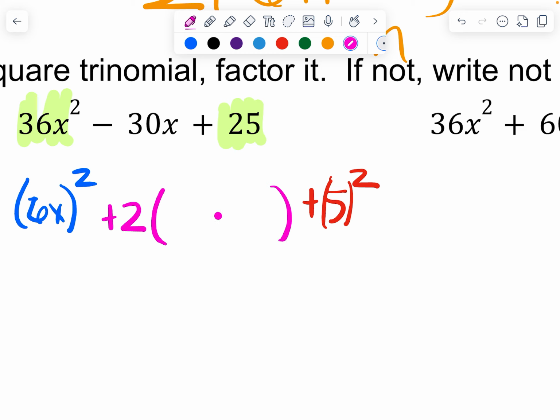I'm going to take my first term, and that's 6x. And because, oh, I did it again, this says negative, so this is going to have a negative on it. So negative 5. Well, that's not going to be a perfect square trinomial. Okay, that is not going to work.